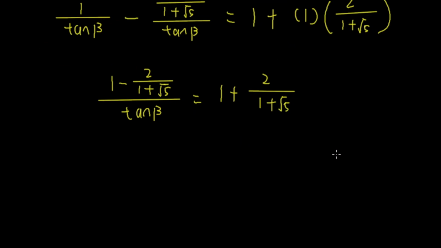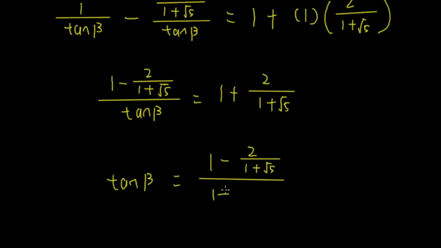Now, to isolate tan beta, I just have to take 1 minus 2 over 1 plus square root of 5 divided by 1 plus 2 over 1 plus square root of 5. So tan beta is equal to 1 minus 2 over 1 plus square root of 5 divided by 1 plus 2 over 1 plus square root of 5.